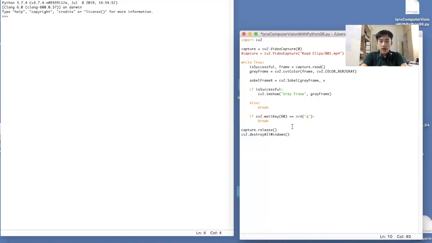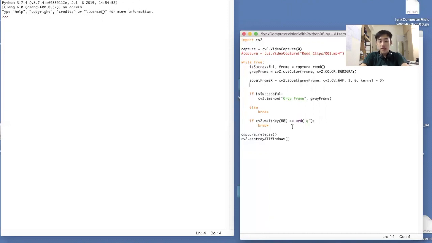Then we pass something called cv2.CV_64F. We'll talk about that later. Then 1, 0, so it's just the x-axis. And the kernel size, like what we talked about earlier about kernel size. Let's set it at 5.